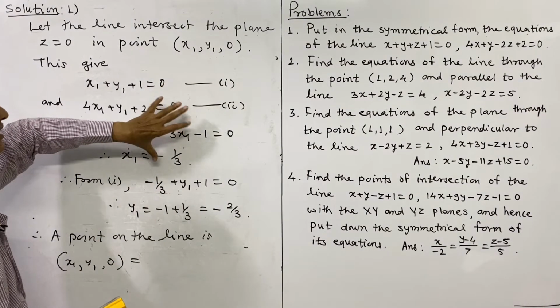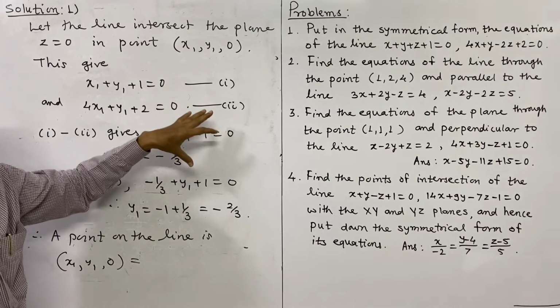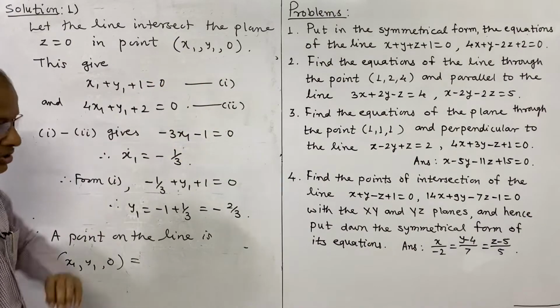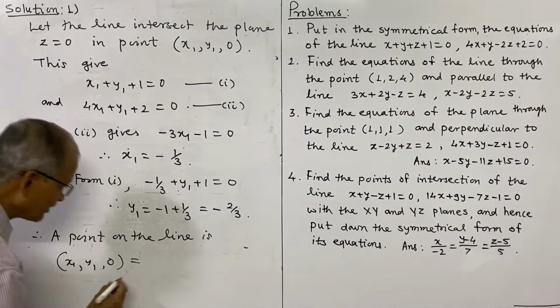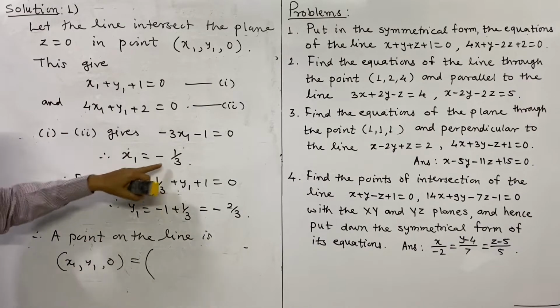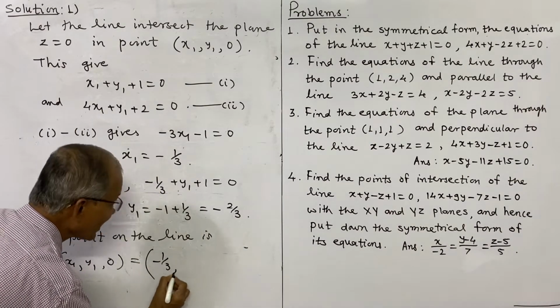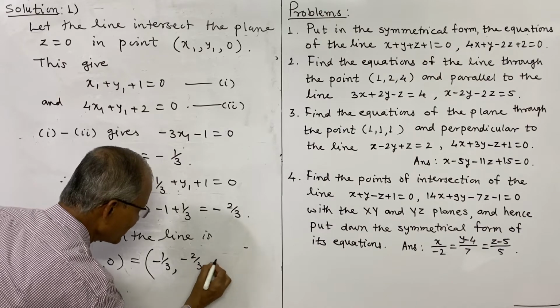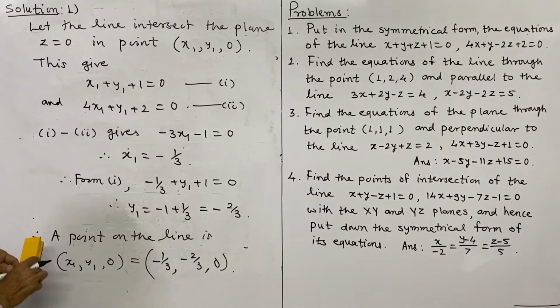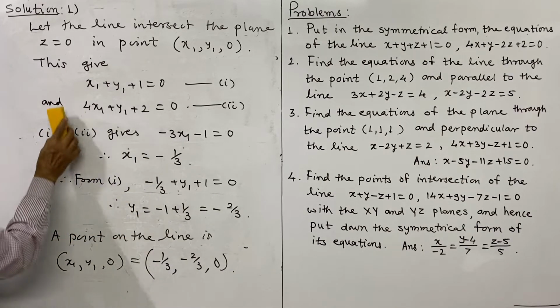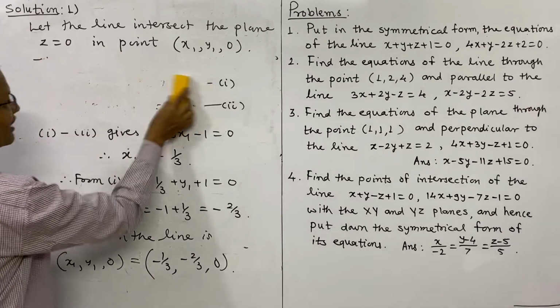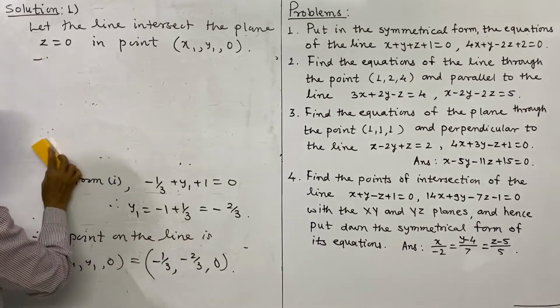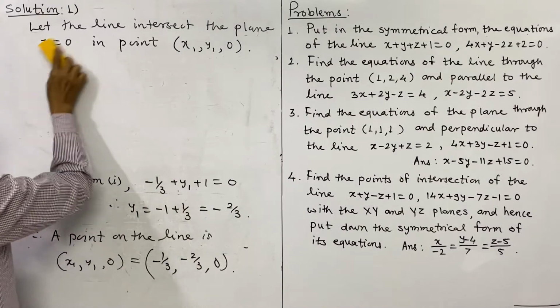Here we are considering a particular point, x1, y1 and 0. That you should note. And therefore the point is x1 is minus 1/3, y1 is minus 2/3, and z is 0. Thus we have obtained this point. And now we can write the equations of the line using the DRs.